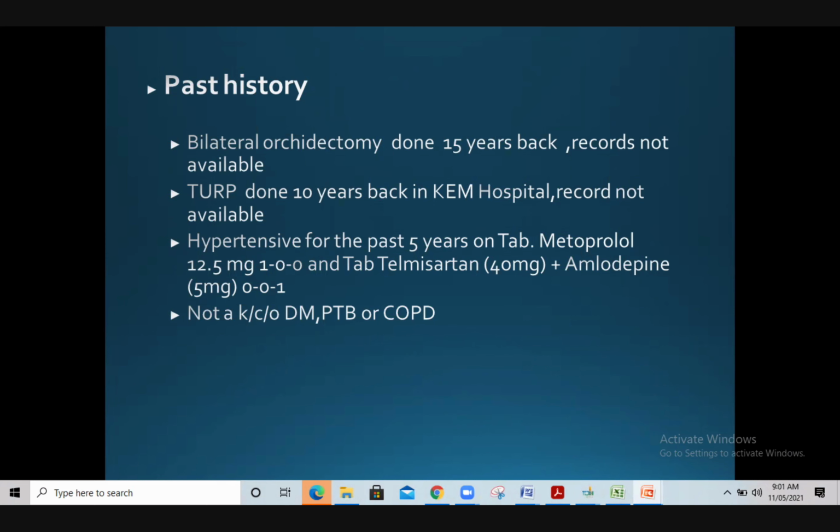You are going only in one track. You are fixing only on one line. 15 years ago, orchidectomy was done, TURP was done. After that, for whatever reason, we don't know that reason. And now the patient is coming with poor flow and hematuria again.